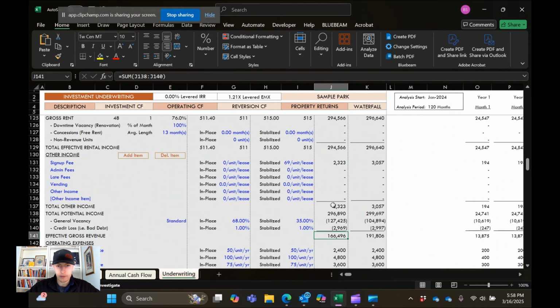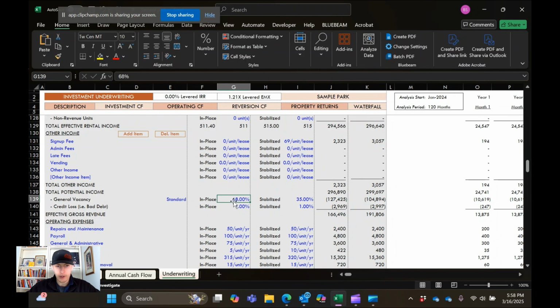So because it's vacant a little bit, and this has extra fees and stuff that you can charge to put in here. You can do laundry or whatever. So we'll change this vacancy to get to that 194 mark.